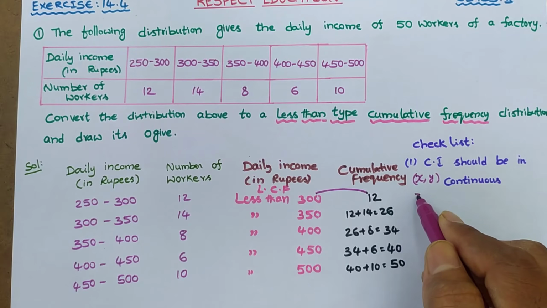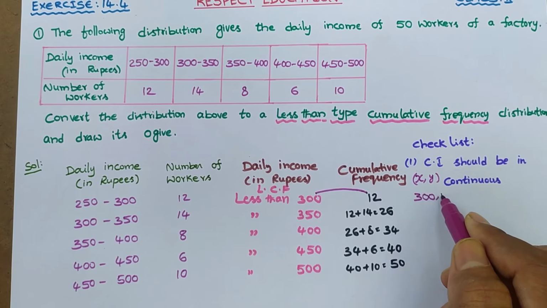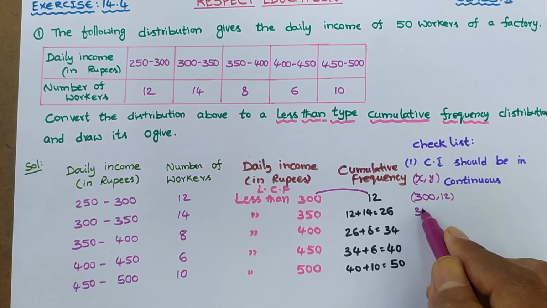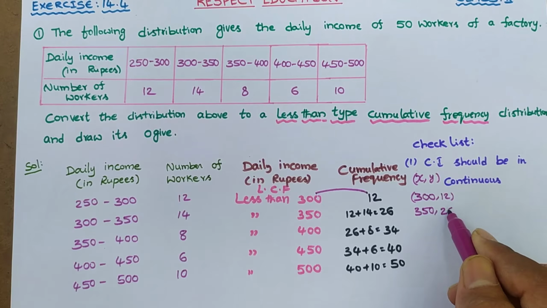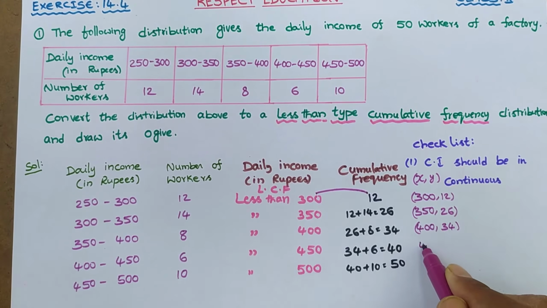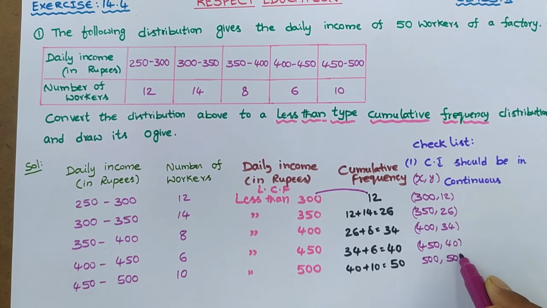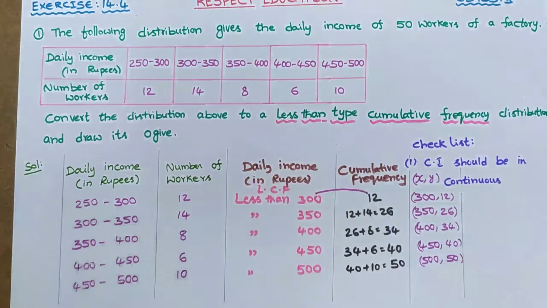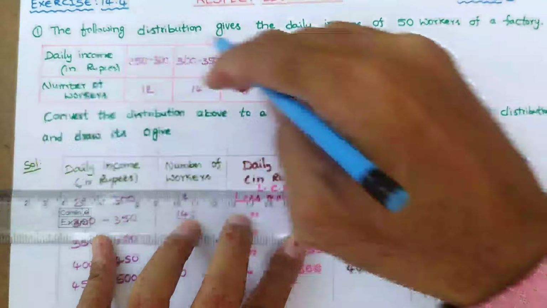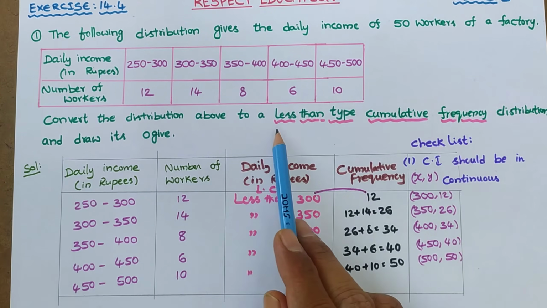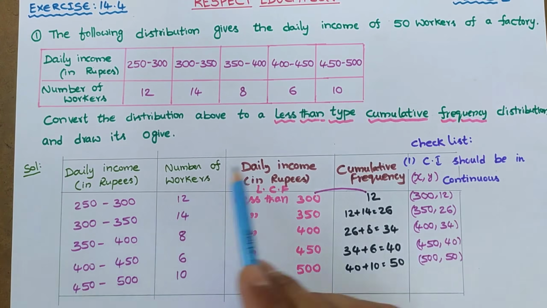So it is 300, 12, 350, 26. This is how we can prepare the less than type cumulative frequency distribution.